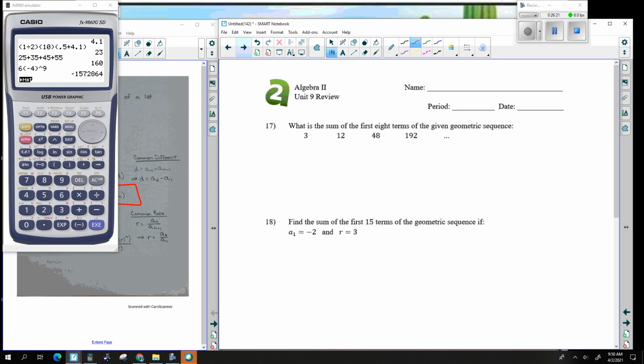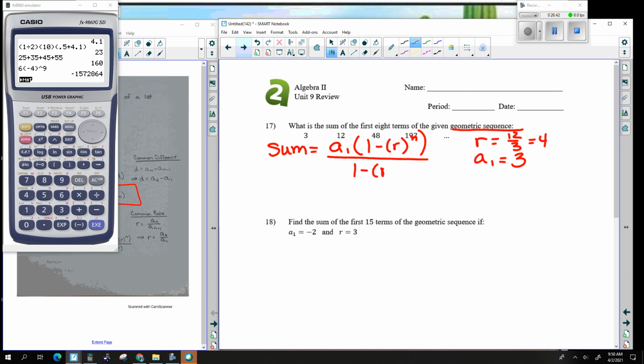Boom. What is the sum of the first 8 terms of this geometric? So the ratio is 12 divided by 3, which is 4. A1 is 3. I think that's all you need. So the sum of a geometric is A1 times 1 minus r to the n, divided by 1 minus r.